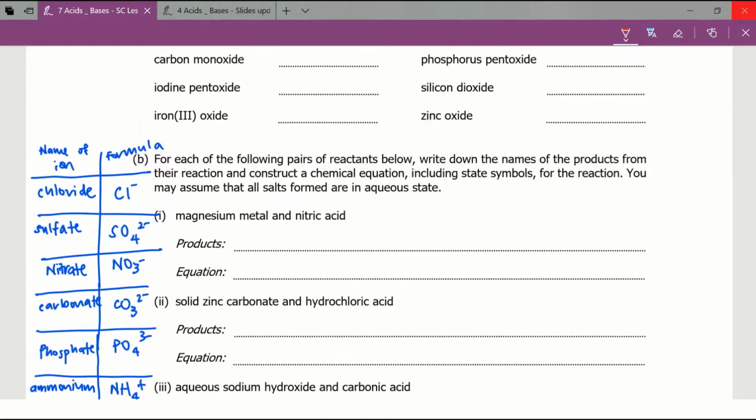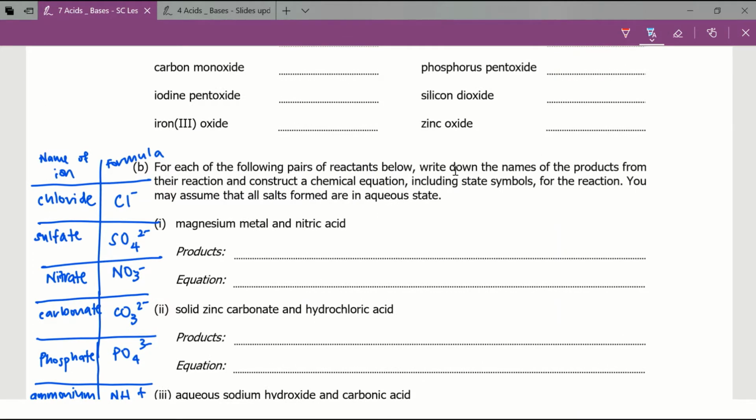So what are you supposed to do? You're supposed to write down the names of the products from the reaction, and also construct the balanced chemical equation, including state symbols. There are some state symbols that you may not know yet. In this question, they say to assume that all salts formed are in the aqueous state. So that is your bracket aq.